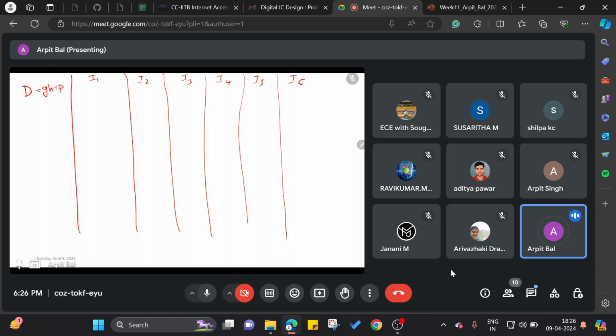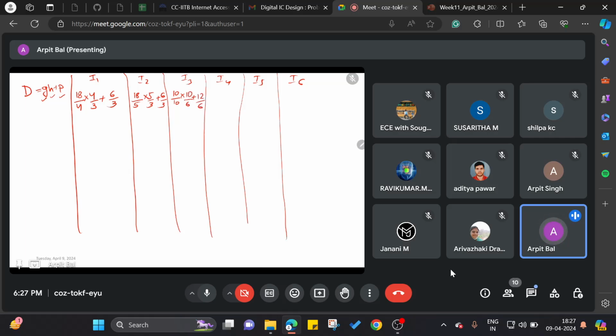We already calculated the G, H and P. We just need to put the values here and figure out what D is. So 18 by 4 into 4 by 3 plus 6 by 3. I2 is 18 by 5 into 5 by 3 plus 6 by 3. I3 is 10 by 10 into 10 by 6 plus 12 by 6.